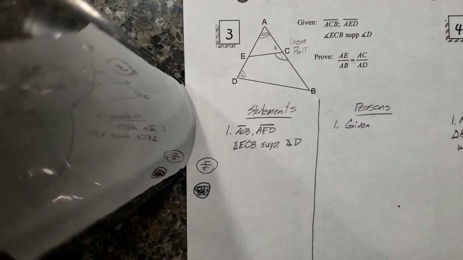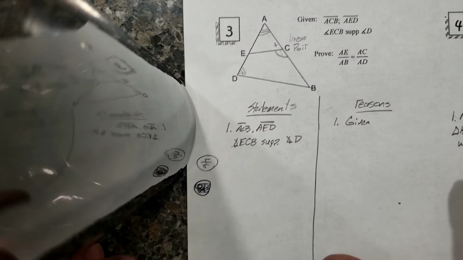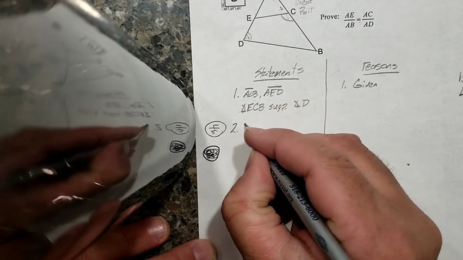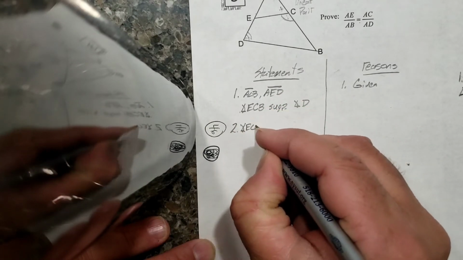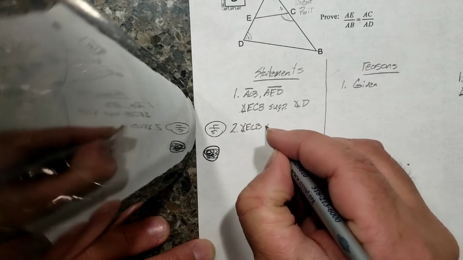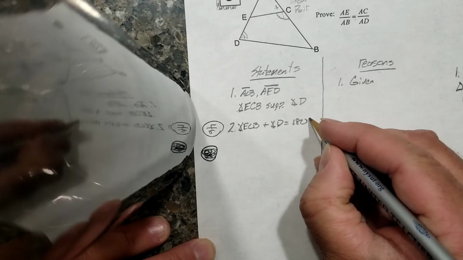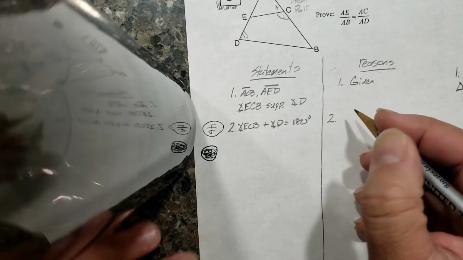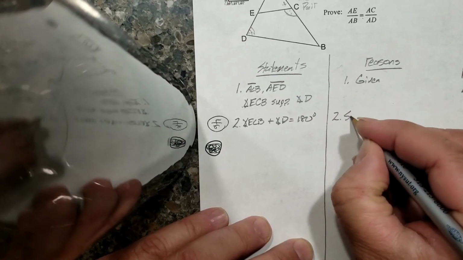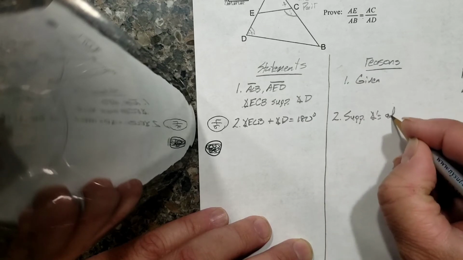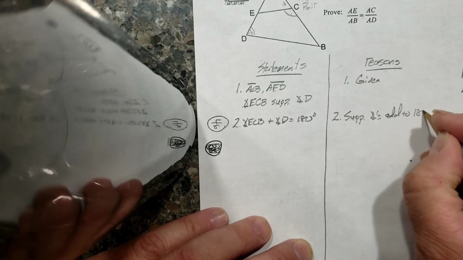So let's get started. We've got our given, and now statement 2, angle ECB plus angle D equals 180 degrees, and supplementary angles add to 180 degrees.